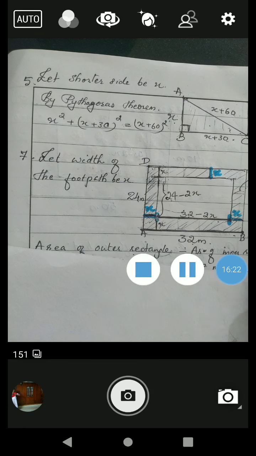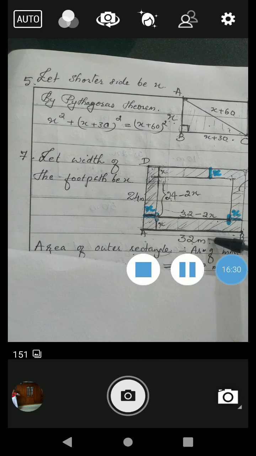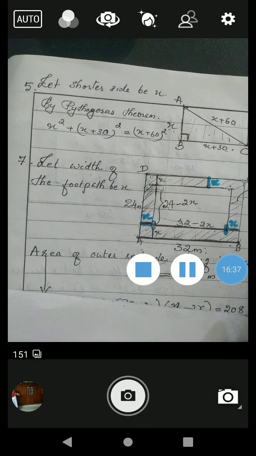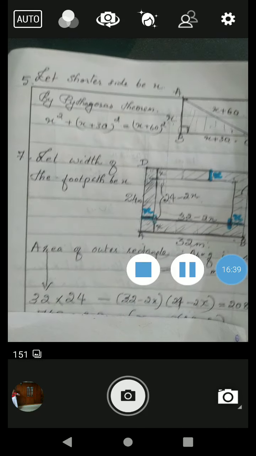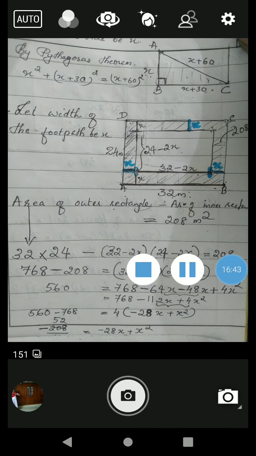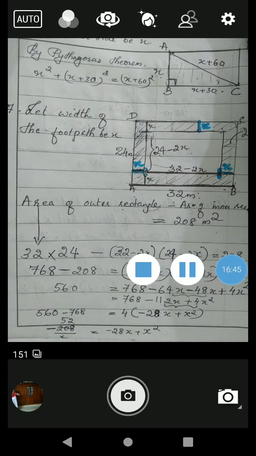Now you can find the area of the outer rectangle and the area of the inner rectangle. The area of the outer rectangle is 24 into 32. The area of the inner rectangle is 32 minus 2x into 24 minus 2x. Therefore, we can connect: the area of the outer rectangle minus the area of the inner rectangle is equal to 208 meter square.